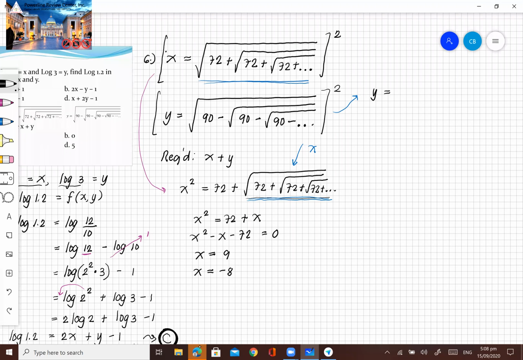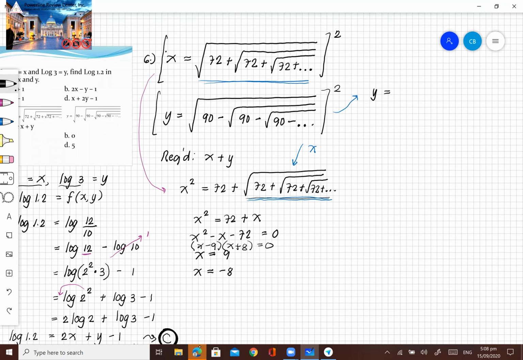So if I'm going to factor this one, this is x minus 9 and this is x plus 8. There you go. So factor of negative 72, negative 9 times 8 is negative 72. But when you add negative 9 plus 8 is negative 1. So you have the factor. So getting the roots, you have 9 and 8.